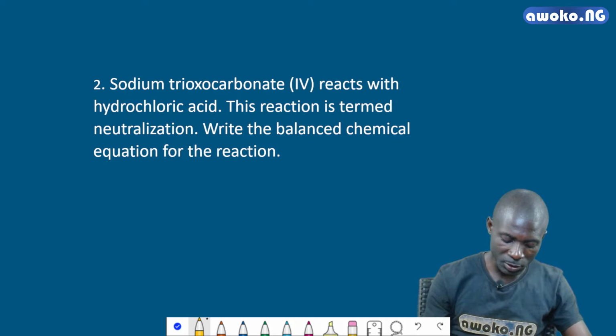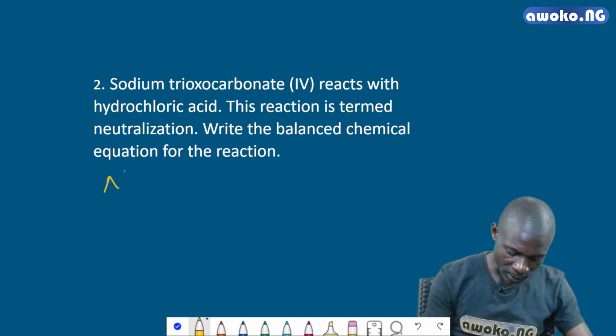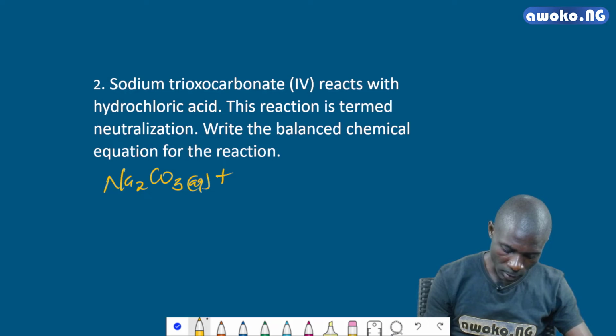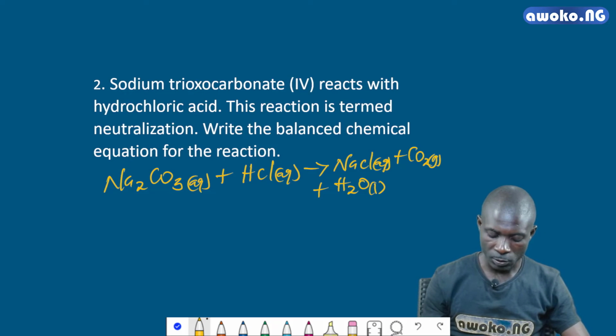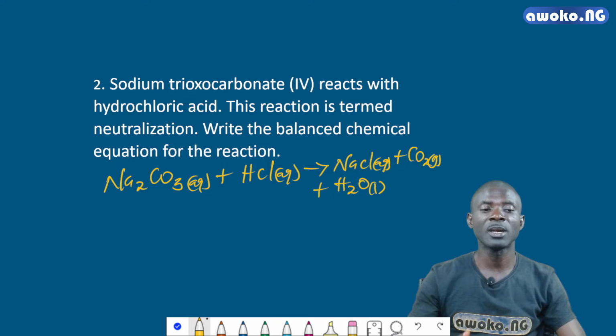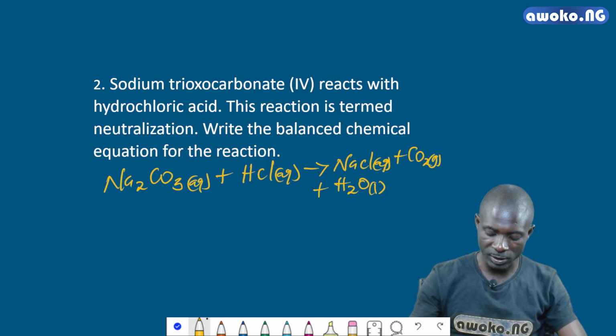So my required equation of reaction here is sodium trioxocarbonate 4, Na2CO3 aqueous, plus hydrochloric acid, HCl also aqueous, to produce NaCl aqueous plus CO2 gas plus water. Because we said some neutralization reactions may also lead to the production of carbon 4 oxide, just as we have in this case.